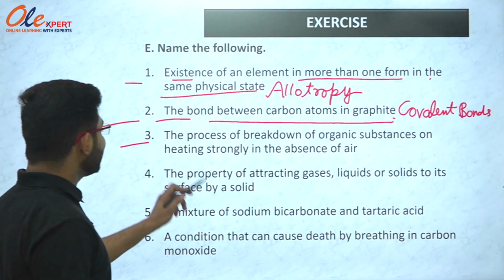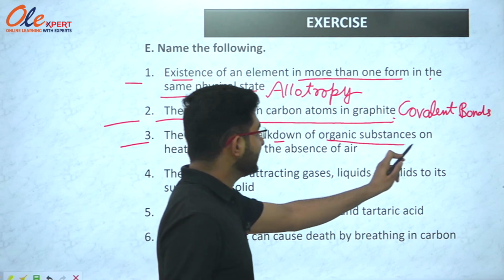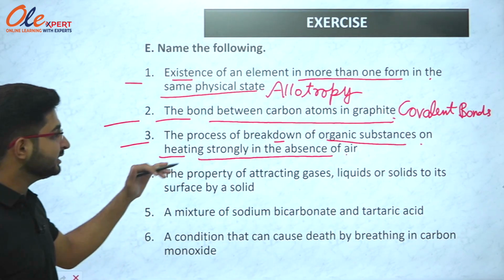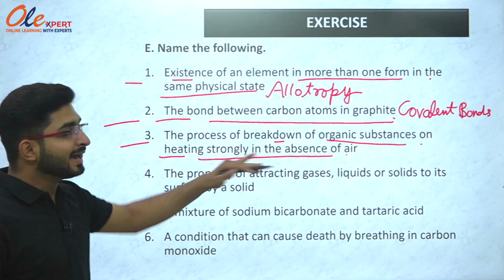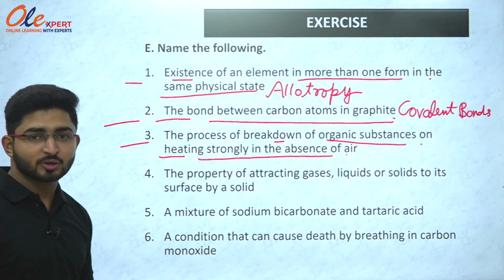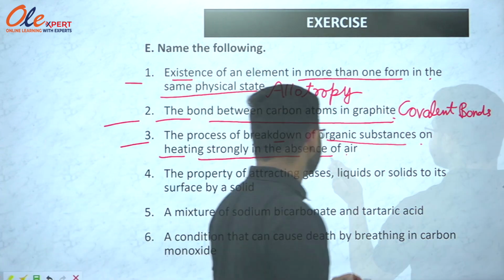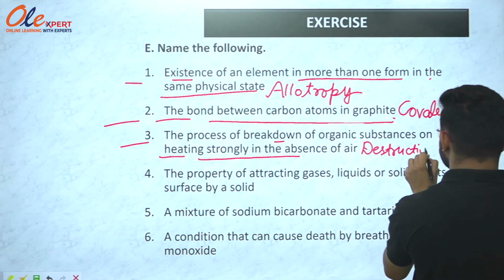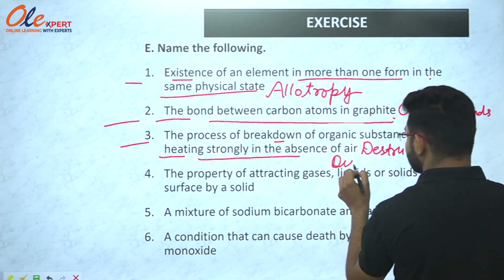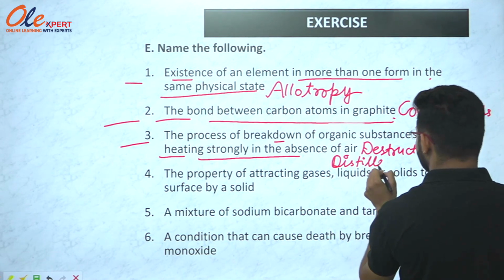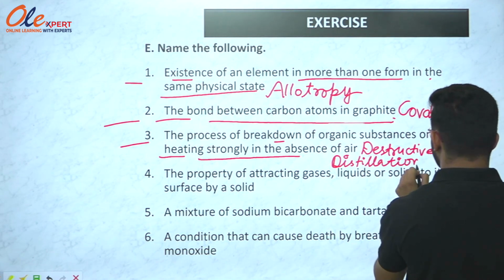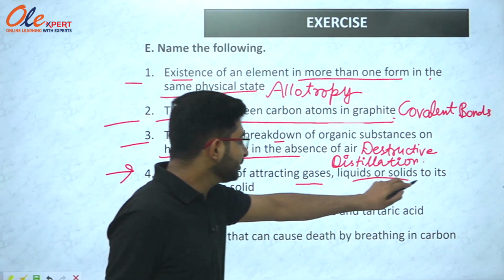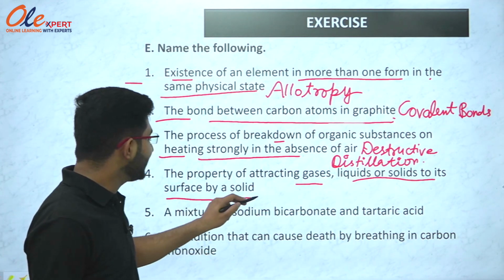So the next statement says the process of breakdown of organic substances on heating strongly in the absence of air. So when we heat organic substances in the absence of air, that breakdown process is known as destructive distillation. Next statement says the property of attracting gases, liquids or solids to its surface by a solid.